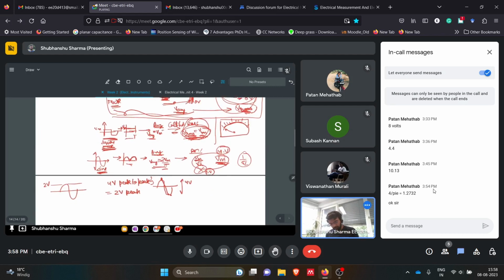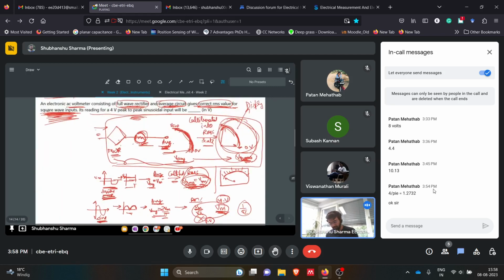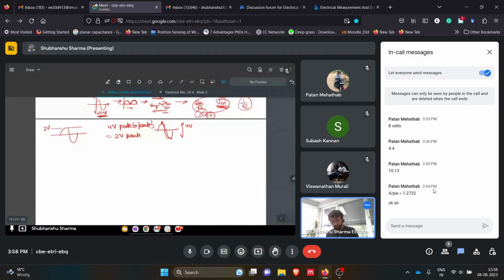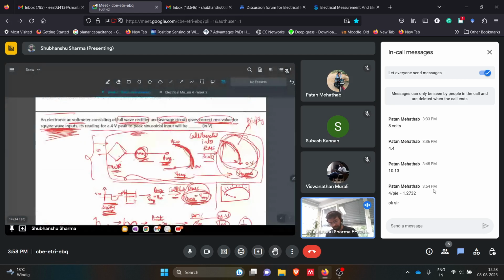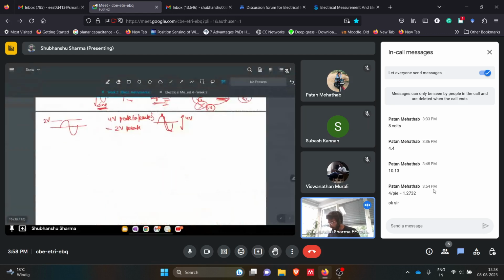So now they are saying, if in this meter they gave the sinusoidal input, which has a 4 volt peak to peak, what will be the reading? We gave this to a full wave rectifier, so the signal became like this.